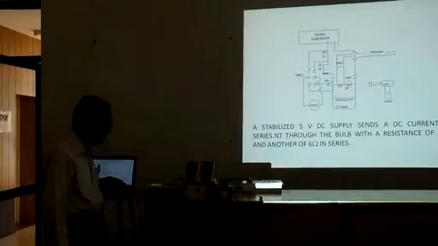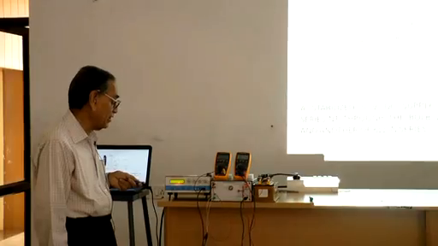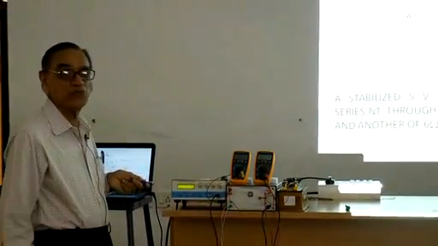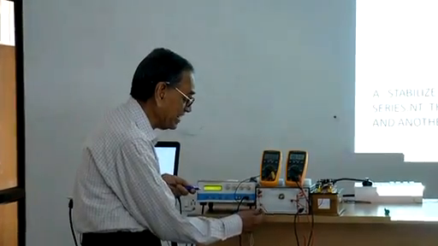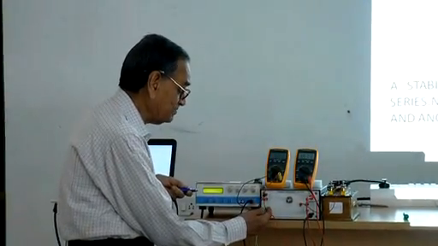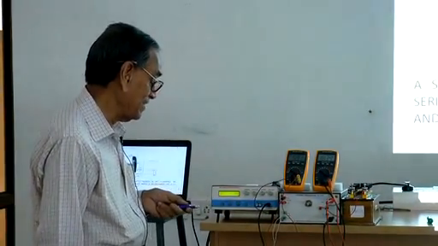I keep the frequency of the signal generator at 19.95, that is 20 Hz. I connect the signal generator to these 2 terminals. I keep the frequency at 20 Hz.